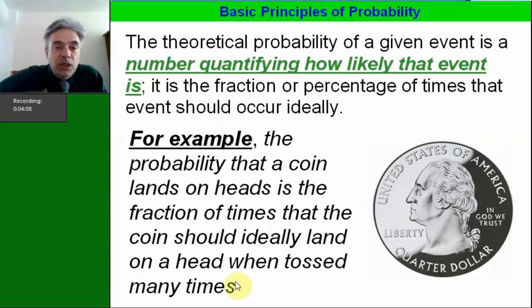If you toss a coin, what's the ideal probability, right? There are only 2 possible outcomes. If the coin is not weighted, a normal coin, I'm saying it's not weighted for one side or the other, the outcome should be heads half of the time. Should be 50%. So this is the ideal, right?